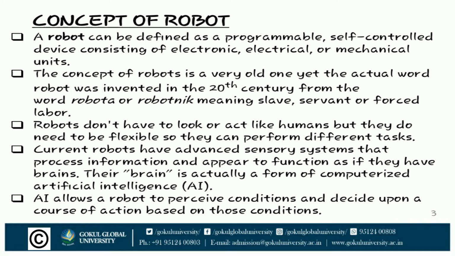Their brain is actually a form of computerized artificial intelligence. It's called AI. AI allows a robot to perceive conditions and decide upon a course of action based on those conditions.